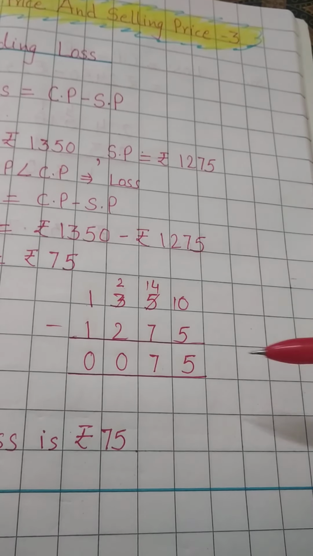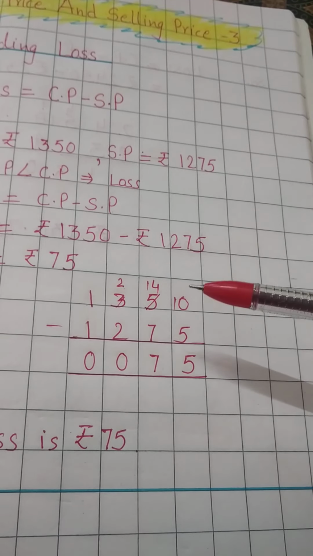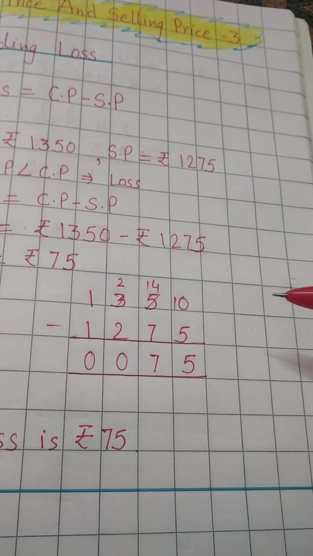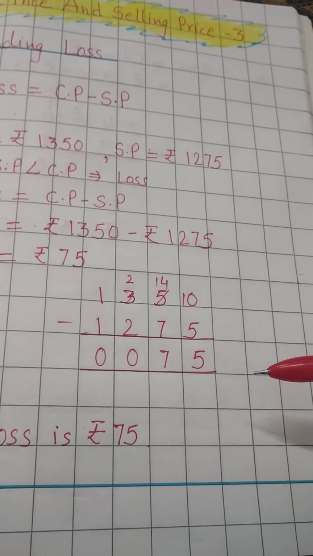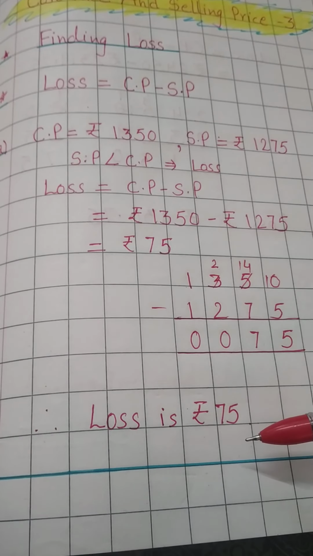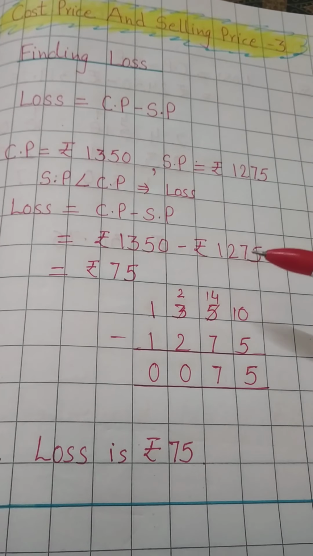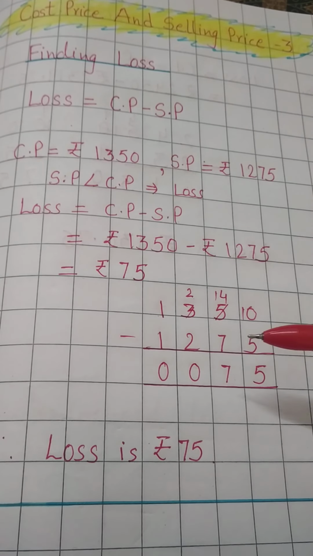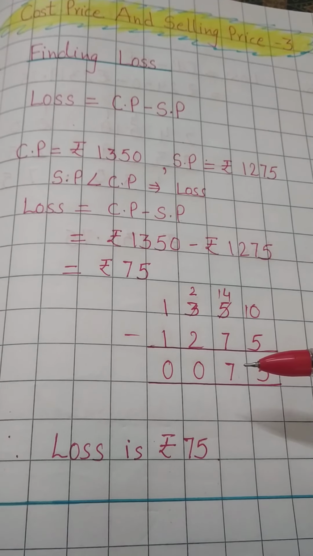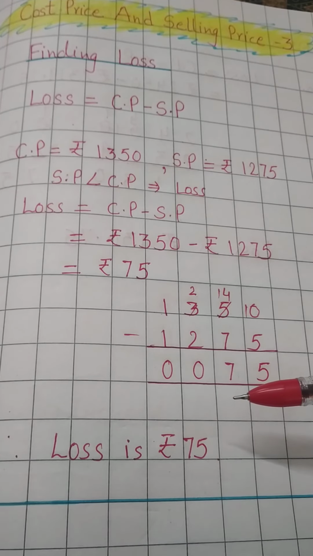Do working for subtraction and addition, as many times you make silly mistakes. So loss is rupees 75, right? Here is the question, and this is the way you have to do it, and please follow your school pattern. This video is only for making you understand practically, so watch the video again and again and do the question yourself. Understood?